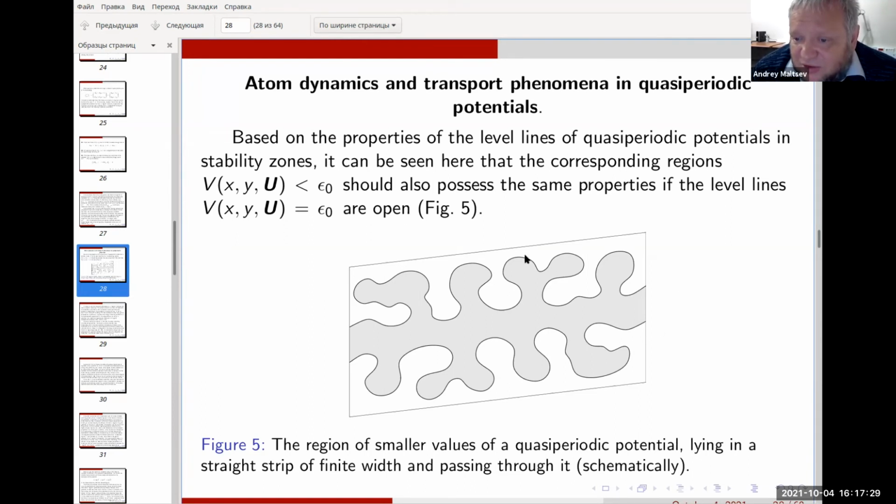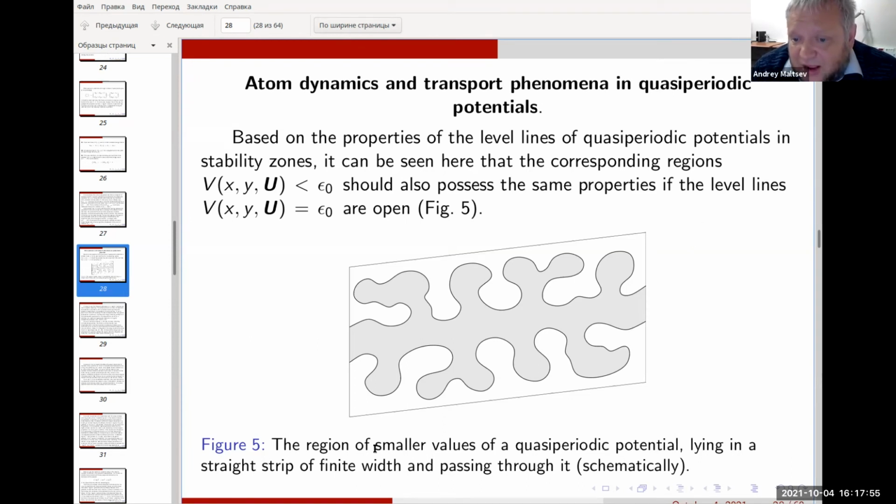For example, for a regular potential, the accessibility region for a quasi-periodic potential is regular, and for chaotic potentials, the geometry of accessibility regions is also chaotic. And in this sense, we could expect a difference in transport phenomena in regular potentials and chaotic potentials.